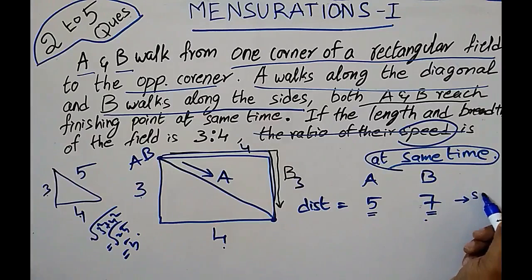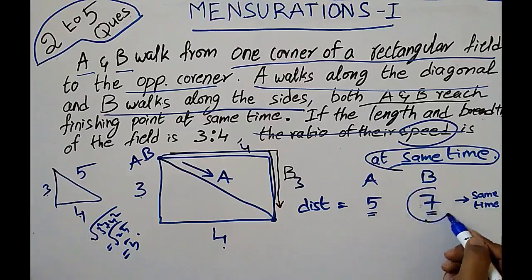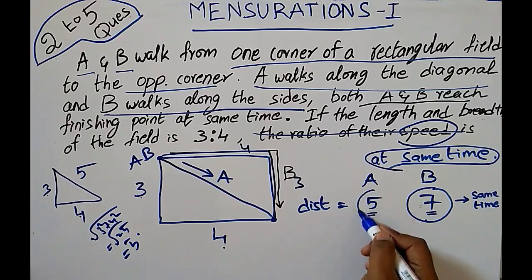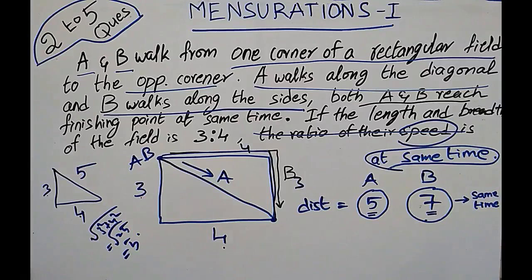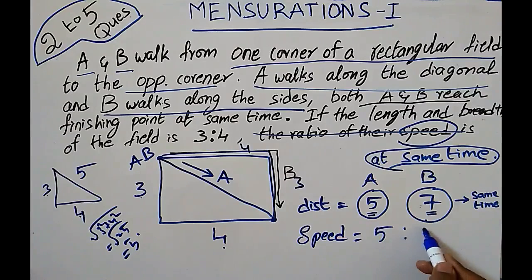Both take the same time. Suppose within 1 minute, if B travels 7 meters and A travels 5 meters, whose speed will be greater, friends? Obviously, B's speed will be greater and A's speed will be lesser. So the speed ratio is the same, friends, 5:7.